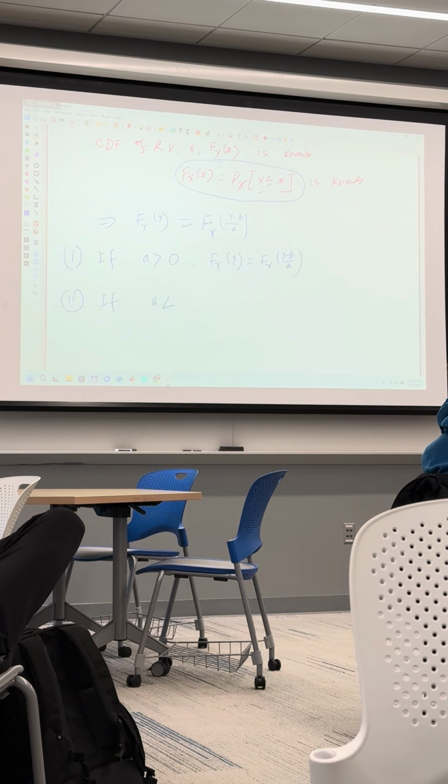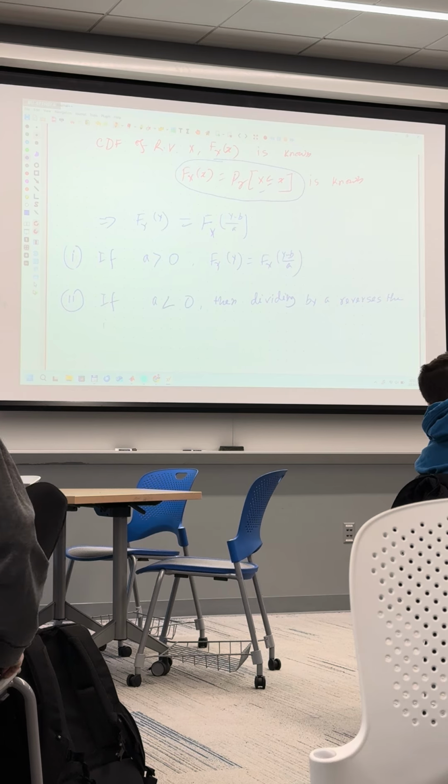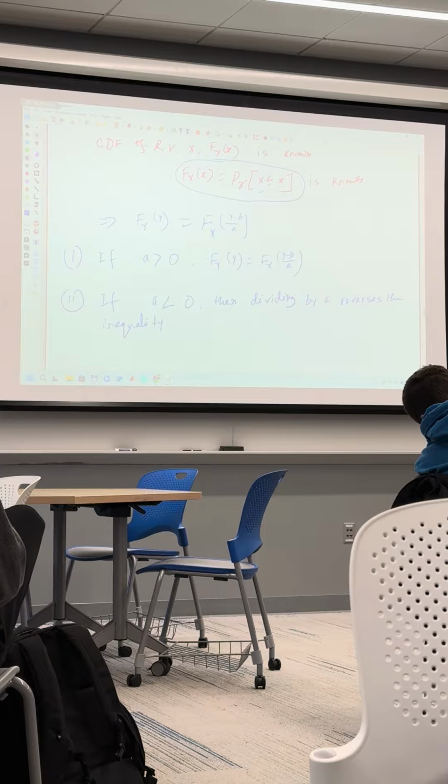If a is less than 0, look at the inequality. Then dividing by a reverses the inequality, that's where you need to pay attention. Which is a x plus b less than or equals y.